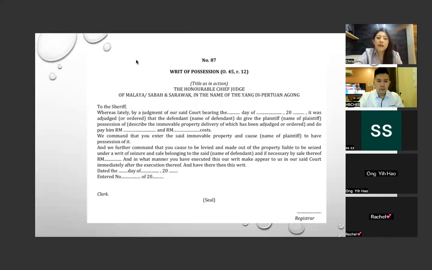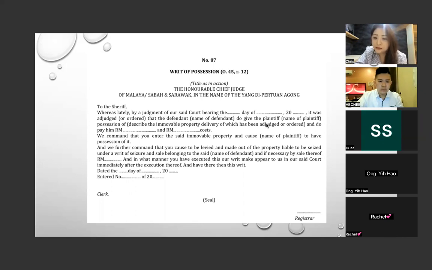For the writ of possession, this is the sample of the writ. You have to address it to the sheriff of the court, whereby you have to set out your judgment itself: the date of the judgment, the name of the defendant, the name of the plaintiff, and also describe the property involved.